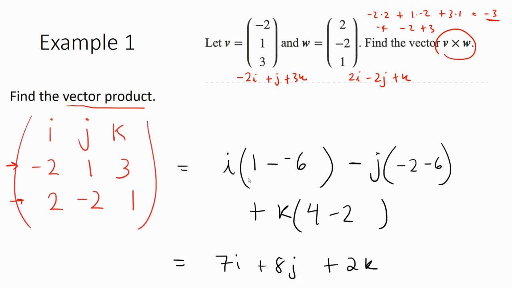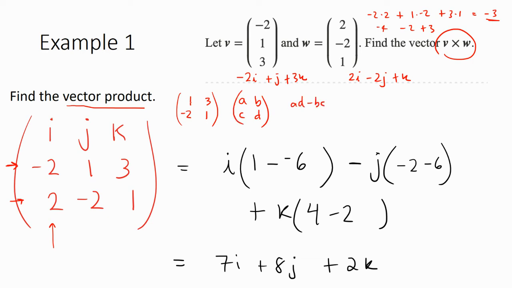So that would look like this. So what's happening? I'm taking the i component, so i, but I'm ignoring this whole column. This whole column's like getting wiped out, and I'm finding the determinant of the 1, -2, 3, 1 matrix. Okay, so the determinant is, let's say A, B, C, D. The determinant is AD minus BC.